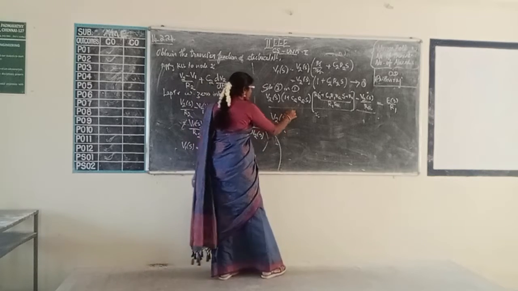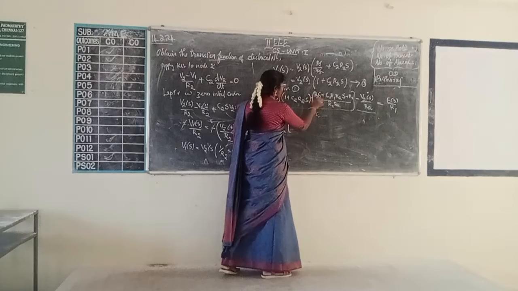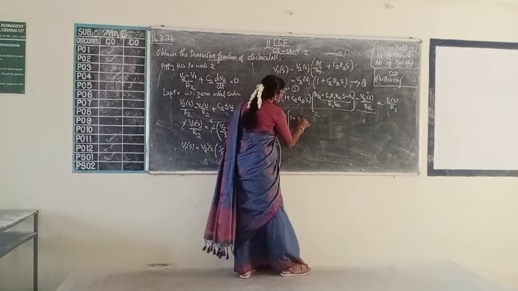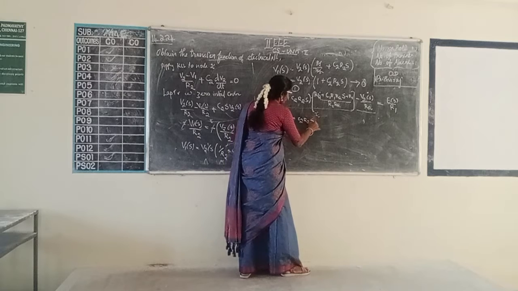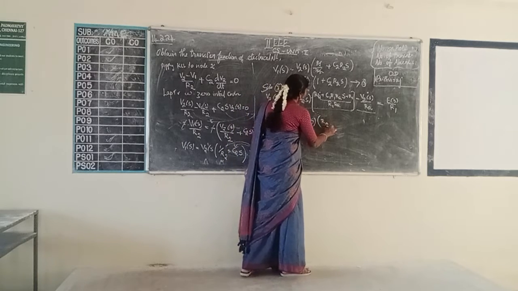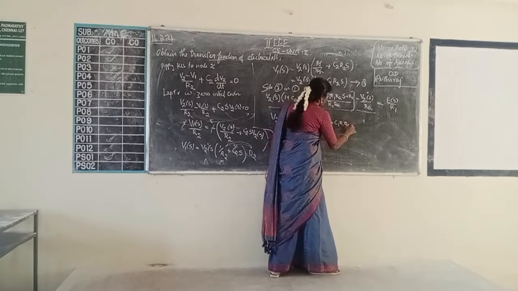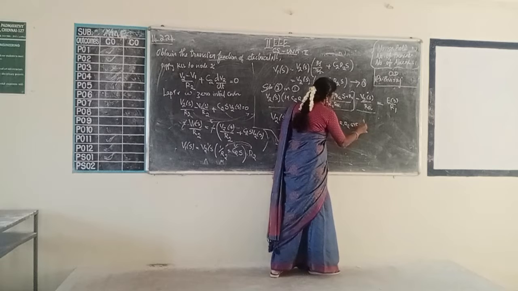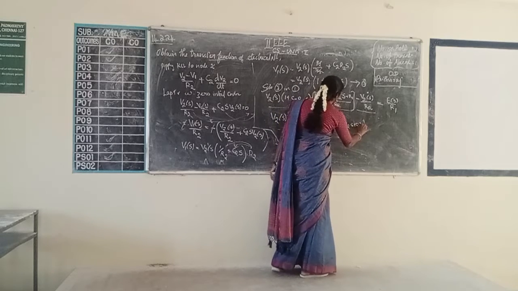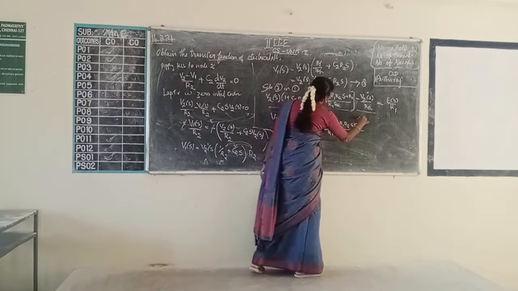Then what will be inside? 1 plus C2 R2 S into R2 plus C1 R1 R2 S plus R1, the whole divided by R1 R2.